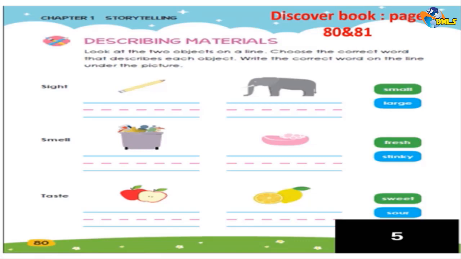Which one is small and which one is large? Okay, I think the pencil is small and the elephant is large. Now you have 2 minutes to answer page 80 and 81. Start now, please.